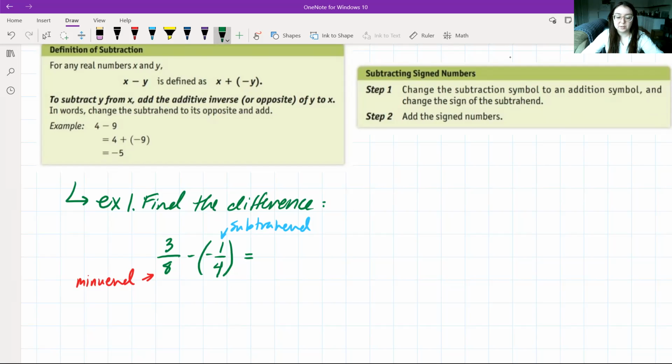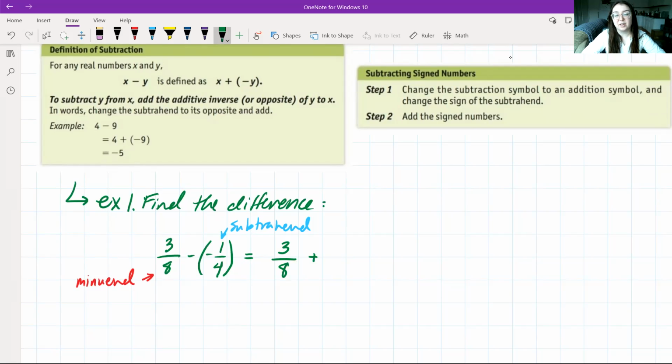And using our definition of subtraction, we want to add the additive inverse of our subtrahend instead of subtracting it. So we can rewrite our question here. We keep our minuend, or our first term, the same as 3 divided by 8. And now we are adding the additive inverse of negative 1/4.